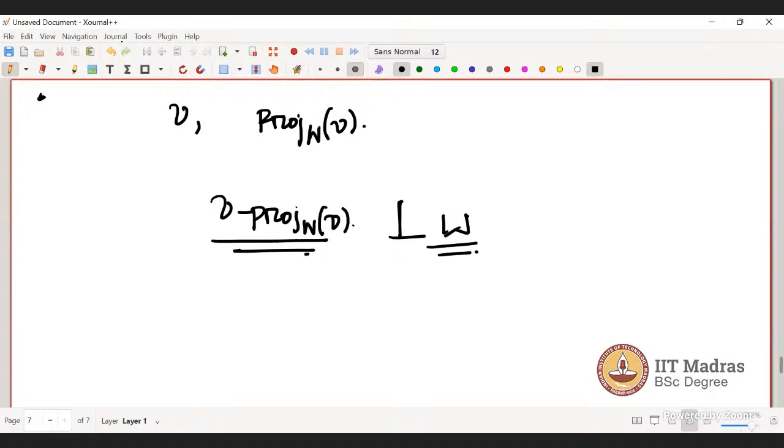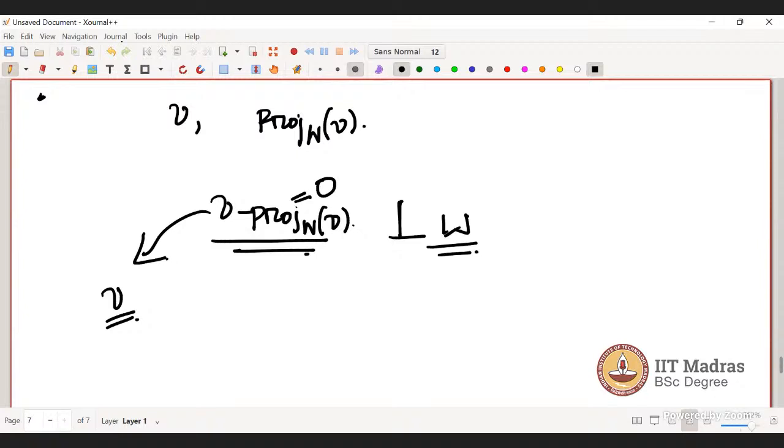The projection of v, that is a vector, plus v minus projection is equal to v, so there is some vector addition going on.